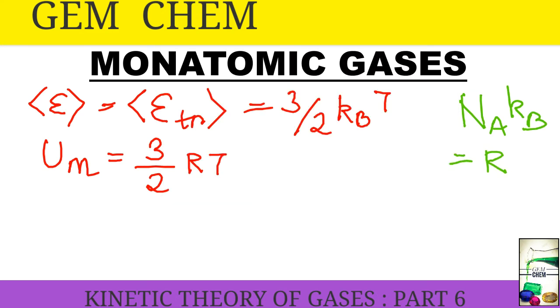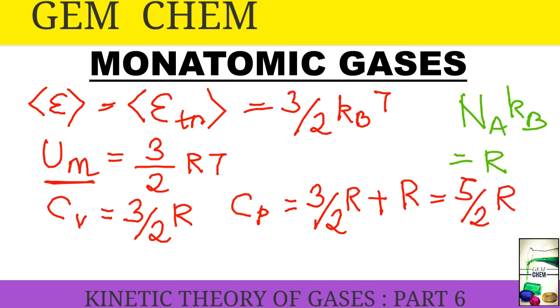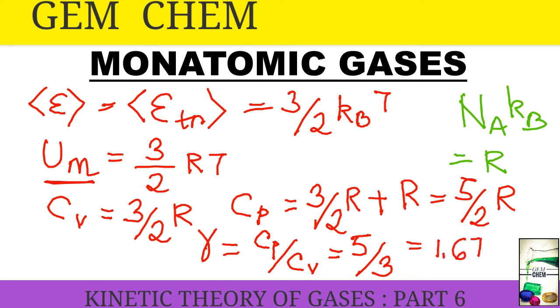Now, what will be the Cv? Cv will be equal to 3/2 R, by differentiating this Um with respect to temperature. And Cp will then be equal to 3/2 R plus R, which is equal to 5/2 R. On taking the ratio of Cp by Cv, we obtain 5/3, which is equal to 1.67.